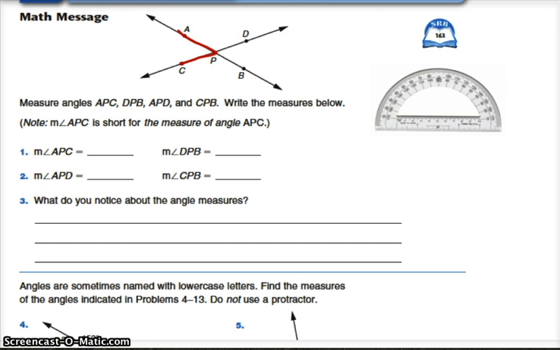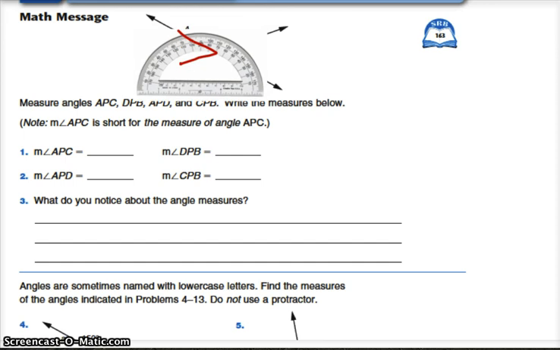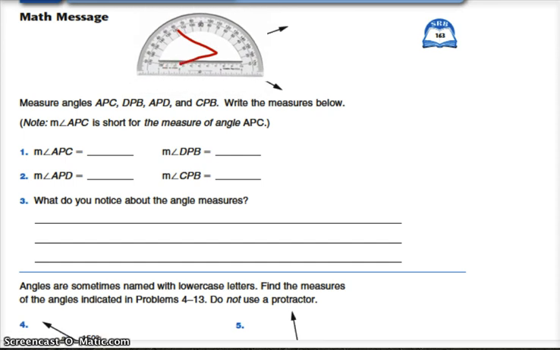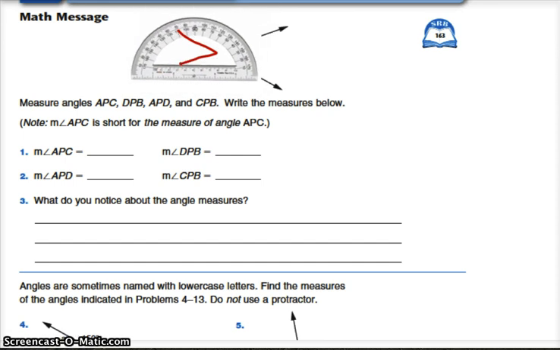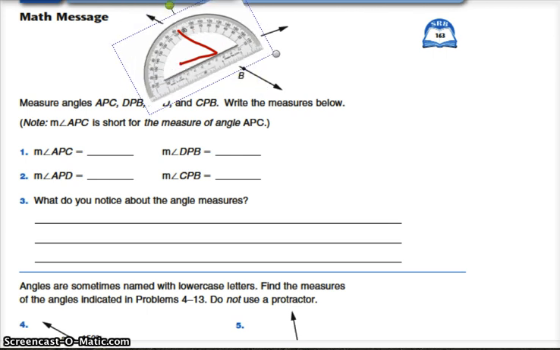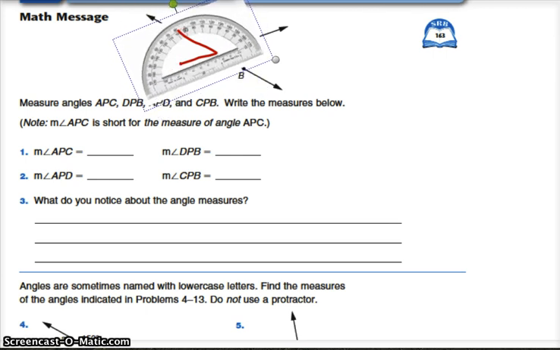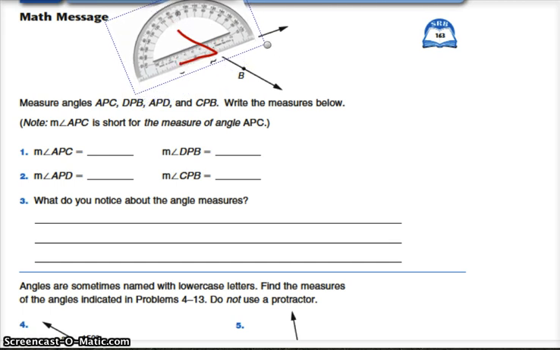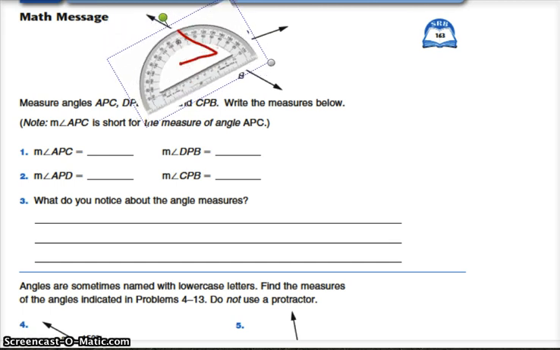Okay, so you're probably saying, all right, Mr. T, move on. Okay, moving on. We've got to figure it out. So we're going to drag our protractor over, and this is going to be helpful because I have already drawn. Now I need to rotate.